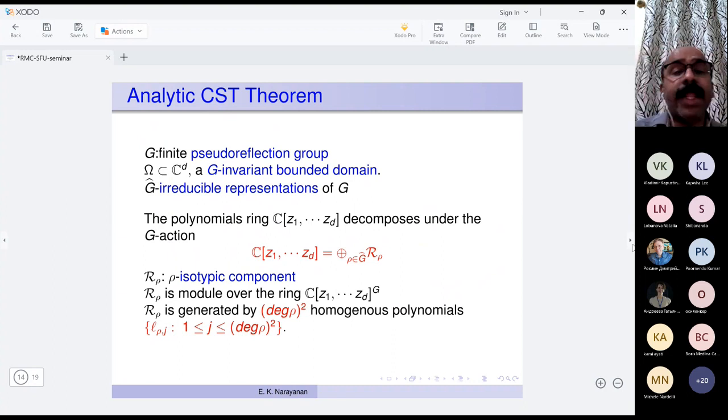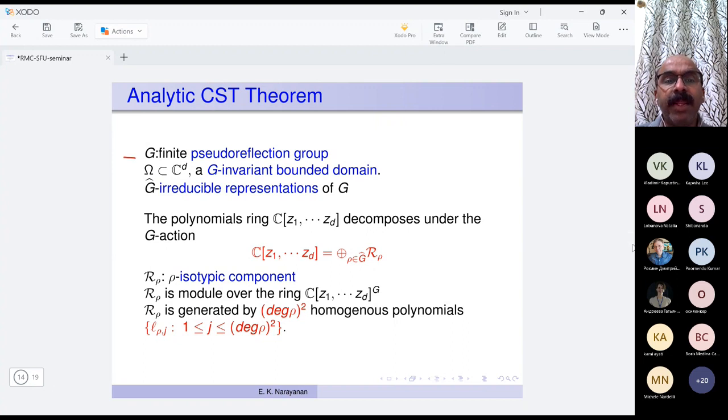Now we need an analytic version of the Chevalley-Shephard-Todd theorem. So let's go back to it. It says that the G-invariant polynomials are polynomials in θ_1, θ_2, up to θ_d. So the analytic version would be that you replace the polynomials by analytic, that is holomorphic, functions. So let's see what that is.